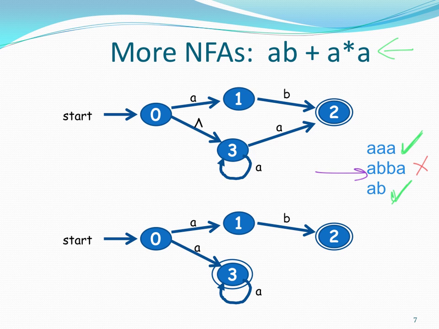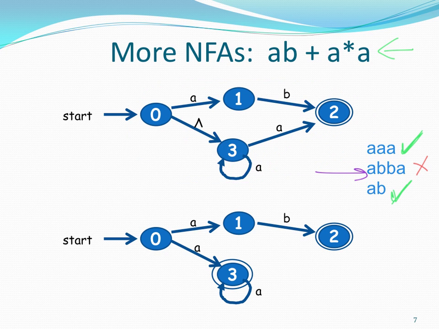Maybe what we're supposed to do is take this A and then this B. But again, we get to state 2, we process the A, we process the B, but we don't see that next B. If there's no transition to let us get through all of these letters, we fail. So I've shown you that ABBA is not accepted by this first NFA. No matter how you try, it's not in there.